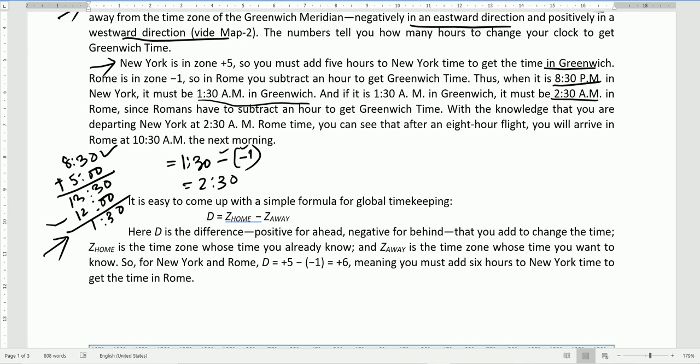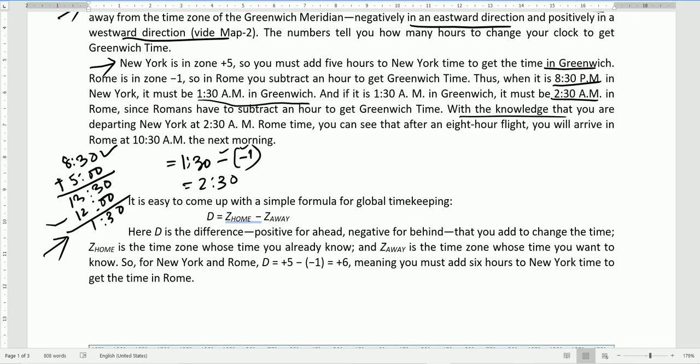So with the knowledge that you are departing New York at 2:30 a.m. in Rome time, you can see that after an 8-hour flight, you will arrive in Rome at 10:30 a.m. the next morning.